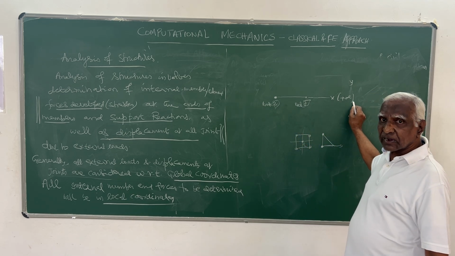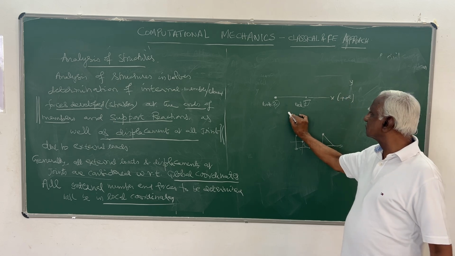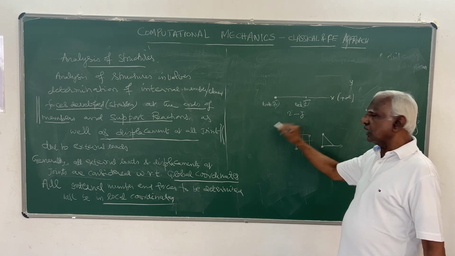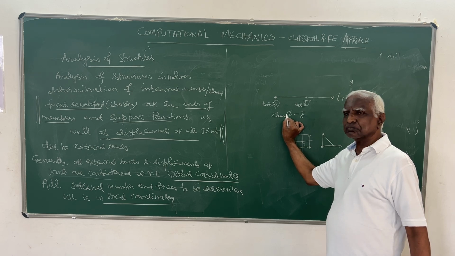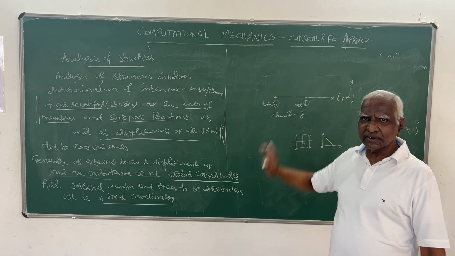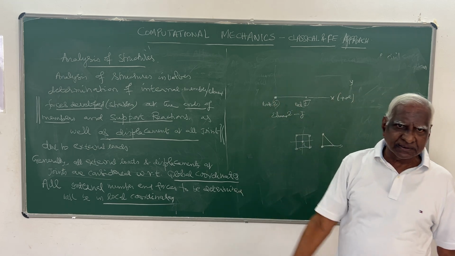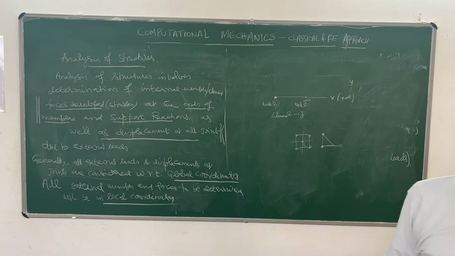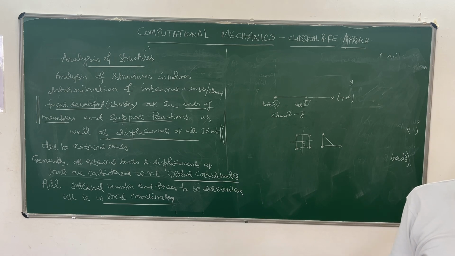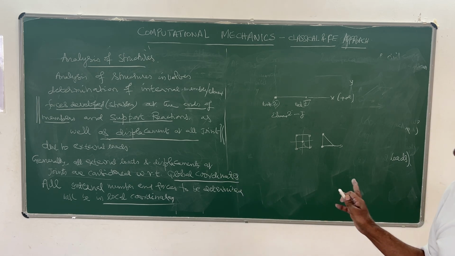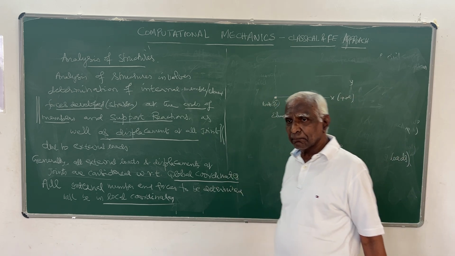And positive direction is always from node I to J. Element we always define as I to J. This is the origin. And of course, other two axes, normal to that, is fixed. Other two coordinates, one we have to select. This is another important thing which we have to bear in mind.